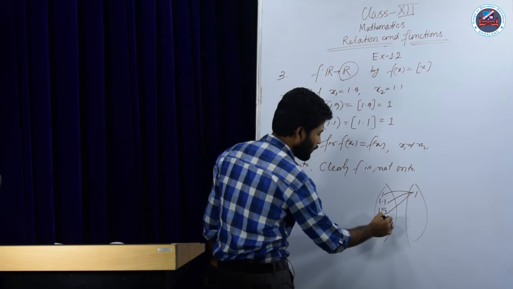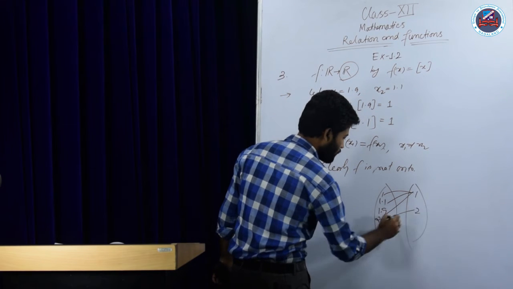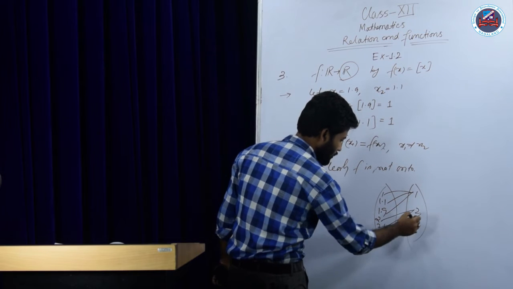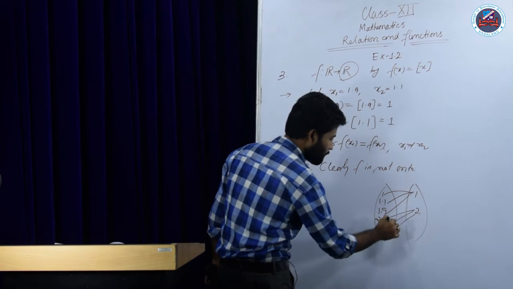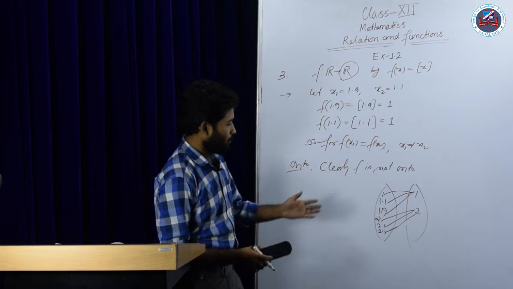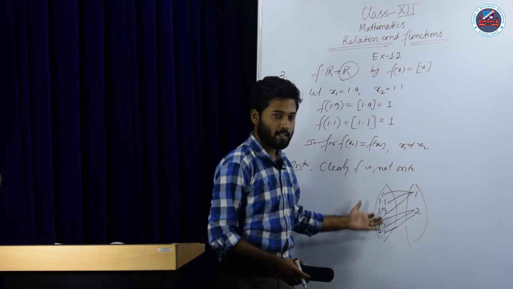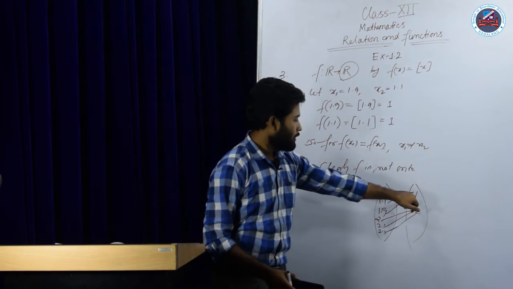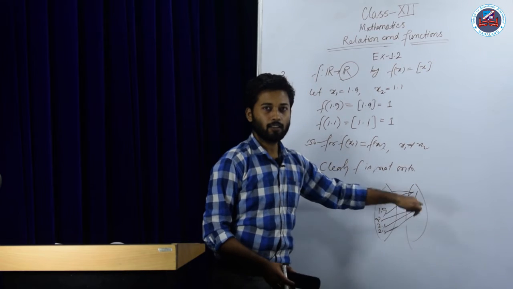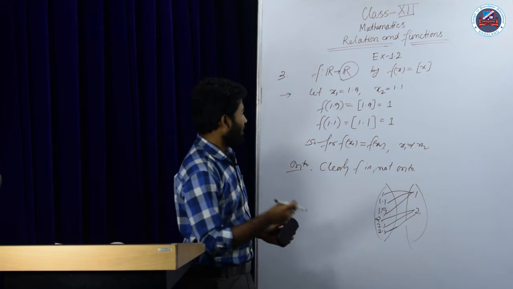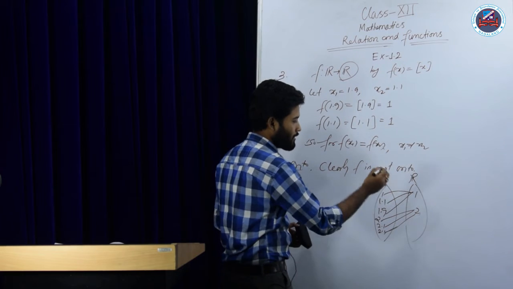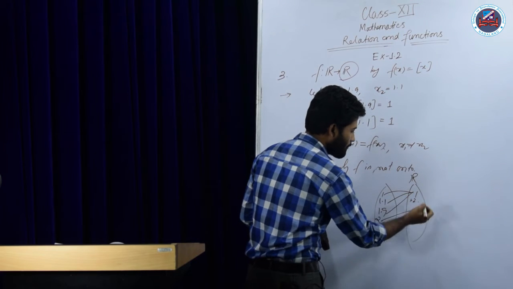Again, for 2 suppose it is going to 2. For 2.1 it is going to 2. For 2.3 it is again going to 2. That means for whatever number we consider in the domain, it will be mapped to an integer in the codomain. But what does our codomain have? It is the set of real numbers, and here we have the decimal numbers as well.